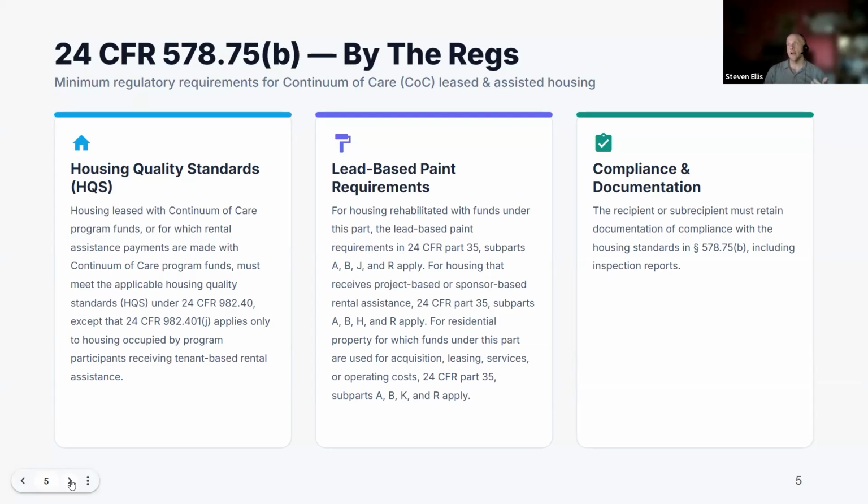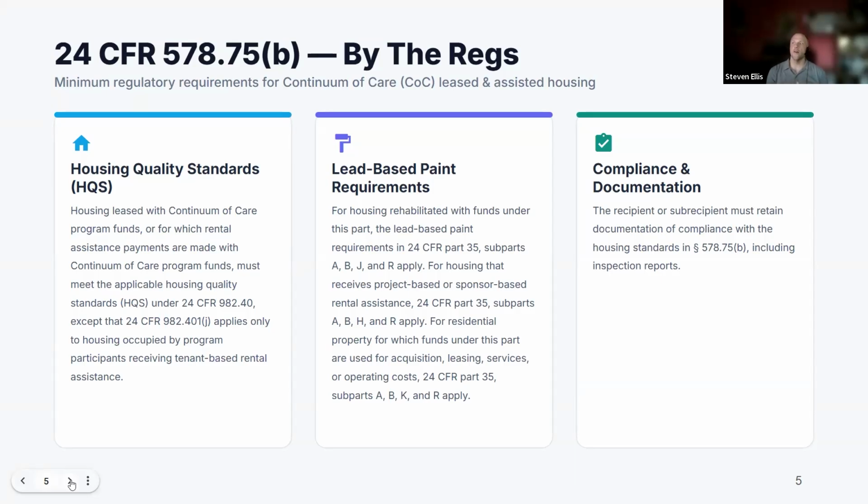Currently what HUD would monitor for is the housing quality standards, HQS inspections. And it says housing leased with COC funds or for which rental assistance payments are made with COC funds must meet the applicable housing quality standards under 24 CFR 982.401. We'll come back to that in just a moment.